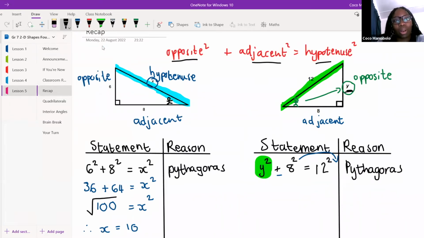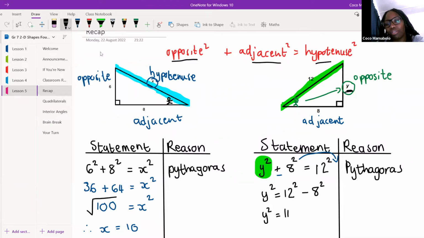Good, excellent. So what I'm going to have is y squared is equal to 12 squared minus 8 squared. Do you agree with me there? Yes, Miss. Excellent. Now, Roland, can you tell me what is 12 squared? 12 squared equals 144.